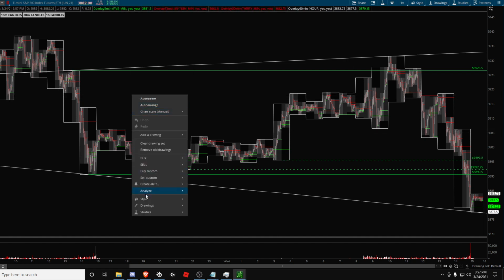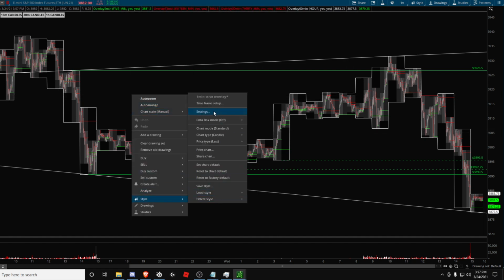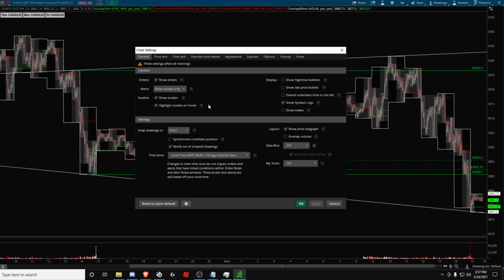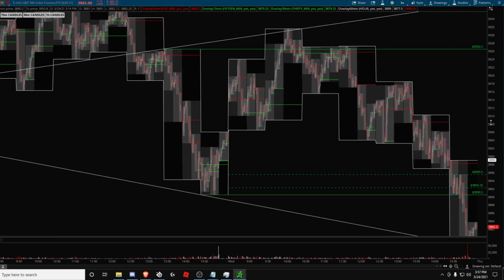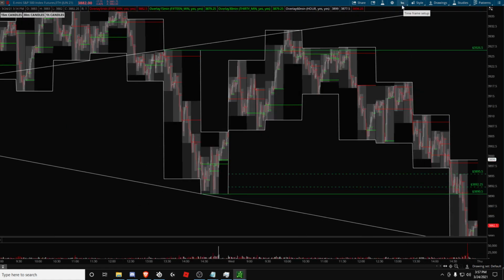Or once again, if you're trading futures and you're not on Thinkorswim, I guess just turn off extended hours and hopefully it'll update at the bottom of the hour, but you can do the same thing on futures. Start at market open, and then these are the correct candles.